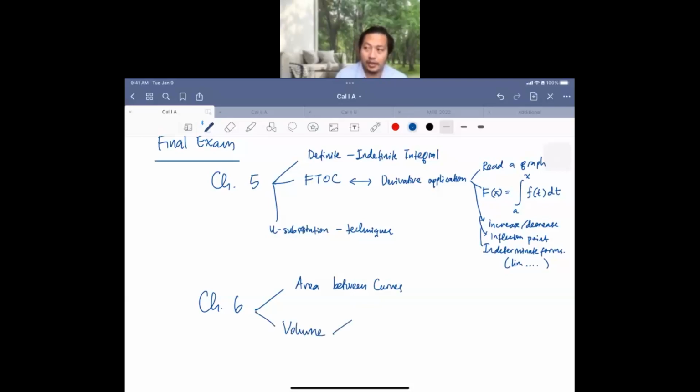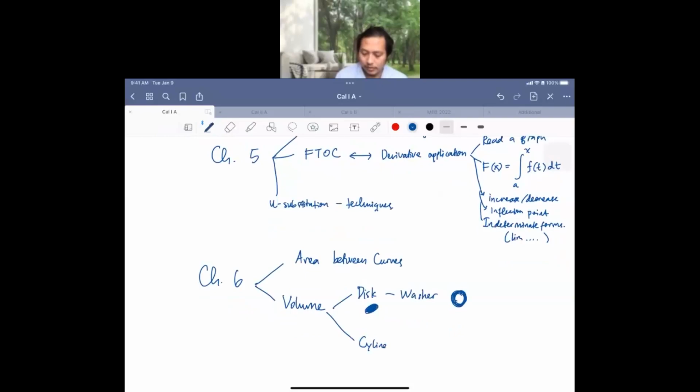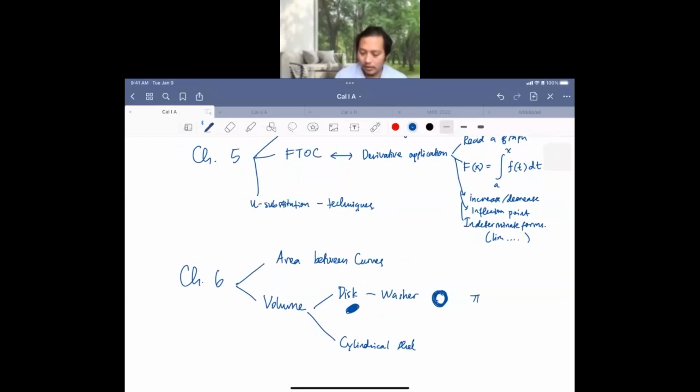Volume, you have two kinds of method: the disk method, or sometimes we call it the washer, that's having some hole in the middle. This is the disk, without a hole. And then the second method we call the cylindrical shell. This is based on pi r squared, and r usually is a function or a variable, and multiply with the height.